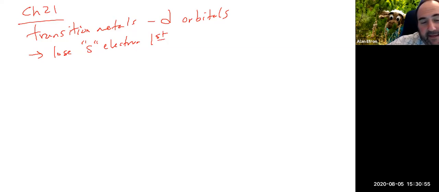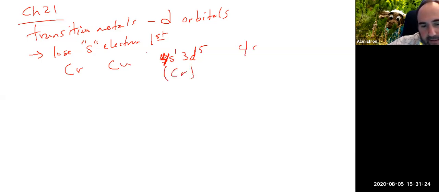There's a couple of exceptions in the electron configuration. Chromium and copper are two very popular ones where they actually have an extra electron in the s and one less in the d orbital. So 4s1, 3d5 for our chromium, for example, the end part of it.